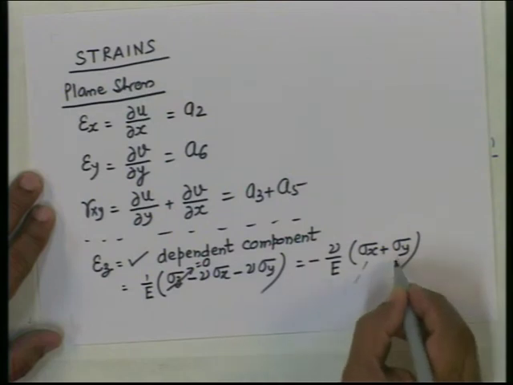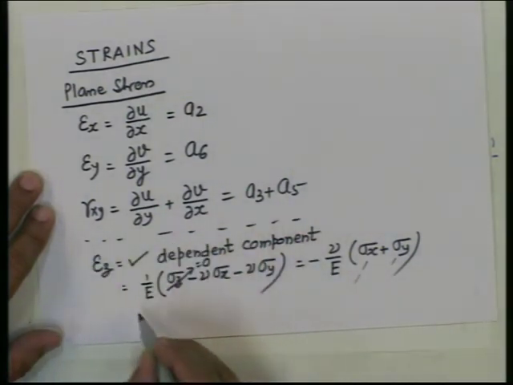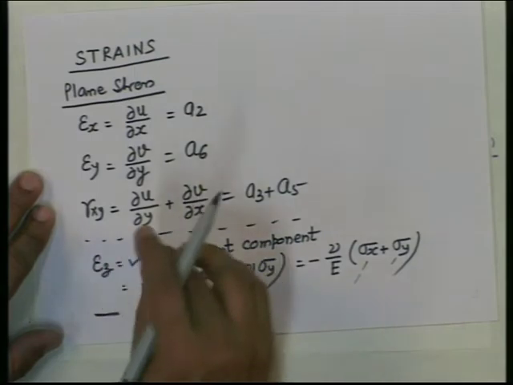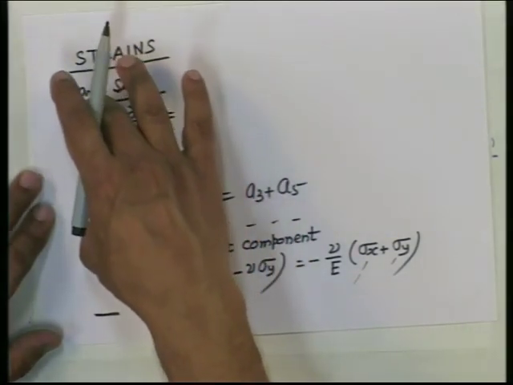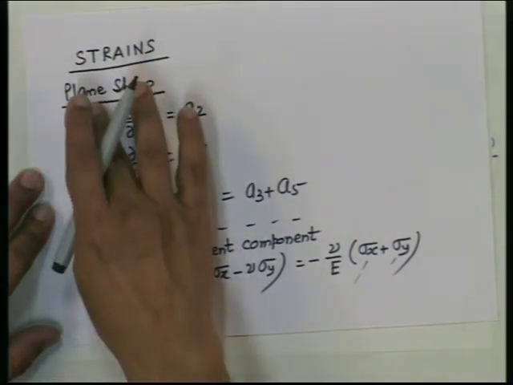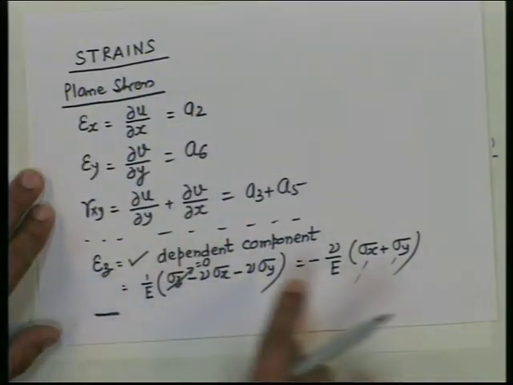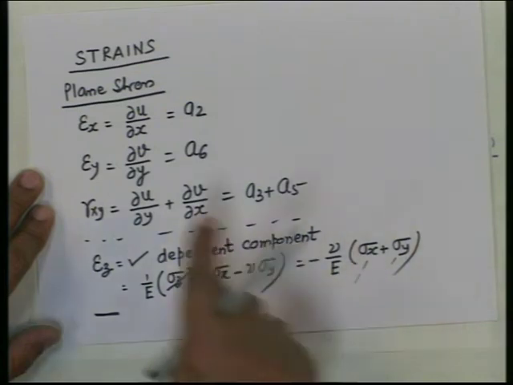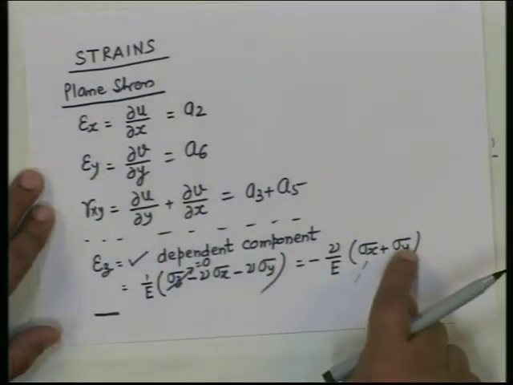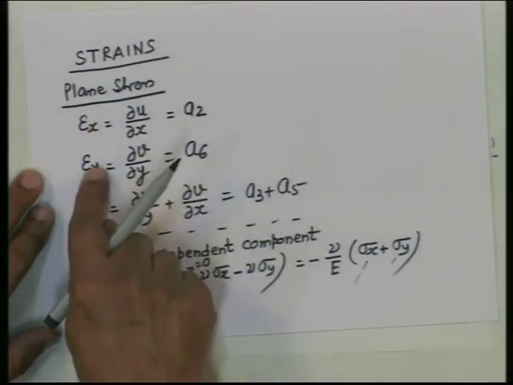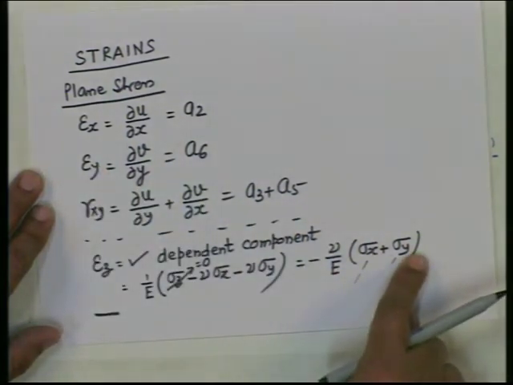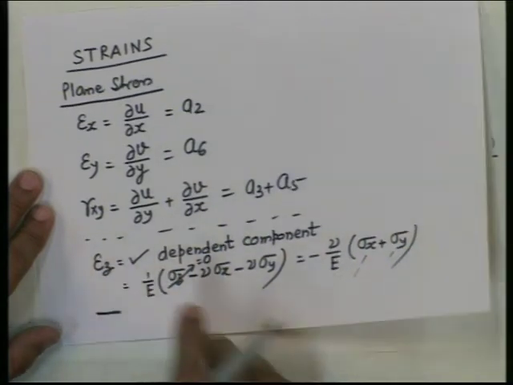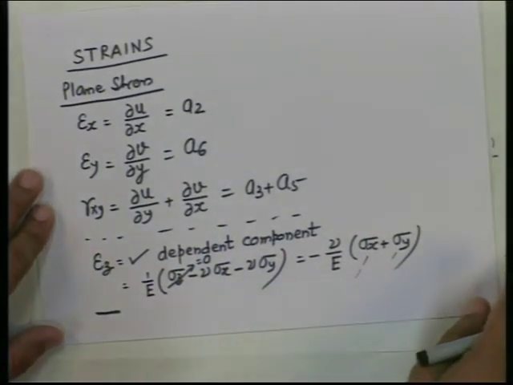So this is dependent, and you do not have to consider it as independent. It will be a simple substitution. The basic strains that need to be considered are these three strains. This strain is dependent, because it can be expressed in terms of epsilon x and epsilon y. This can also be expressed in terms of epsilon x and epsilon y. So this is a dependent component and not something new.